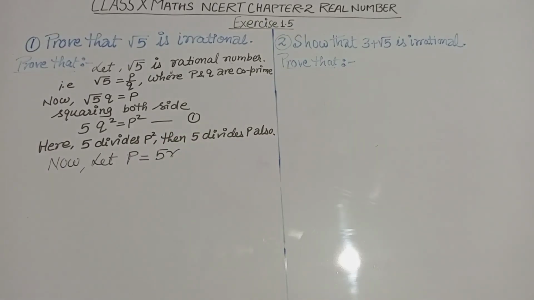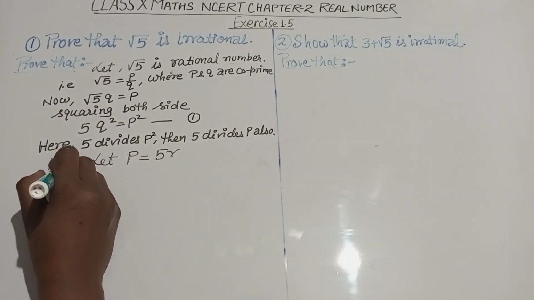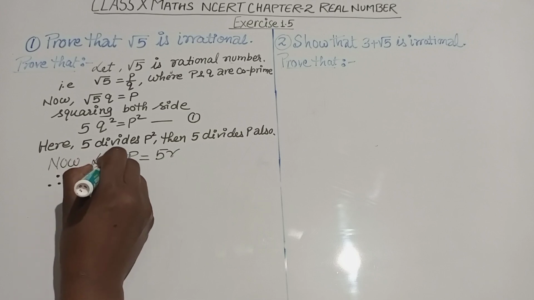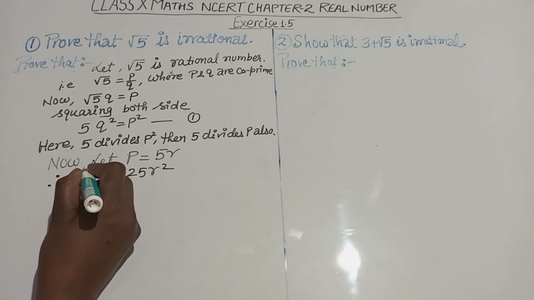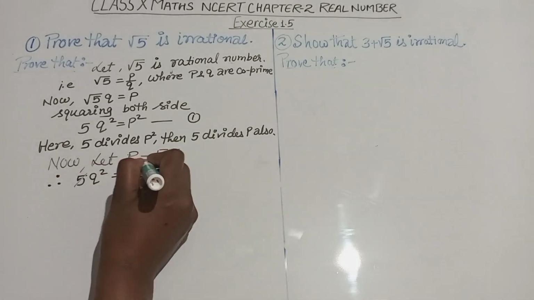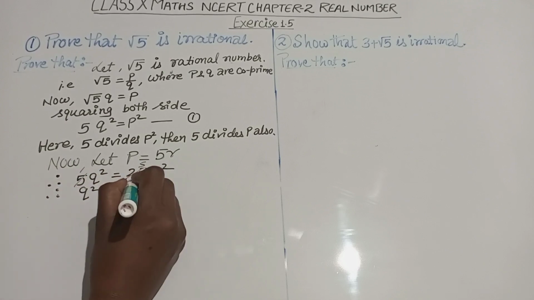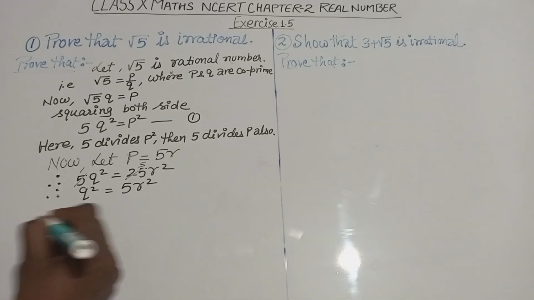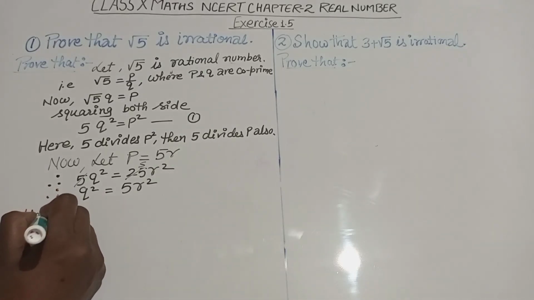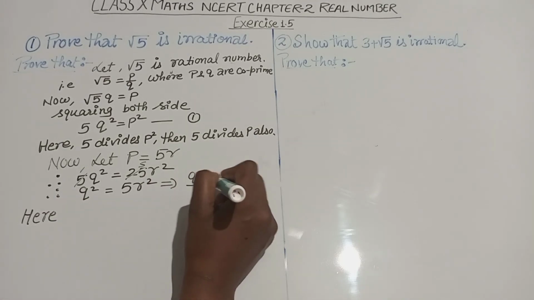Putting it here, 5 q square is equal to 25 r square. The 5 cancels, so we get q square is equal to 5 r square. This implies q square upon 5 is equal to r square.